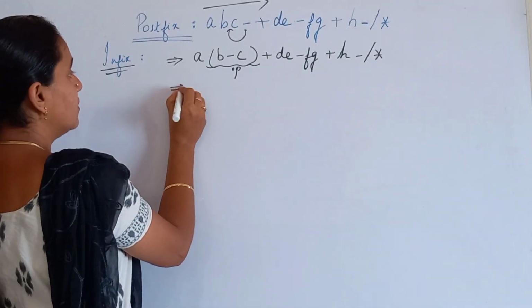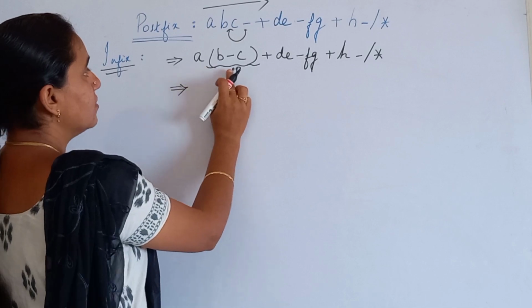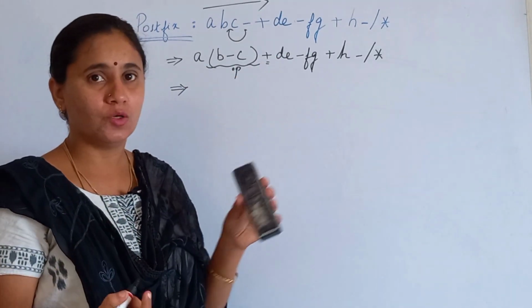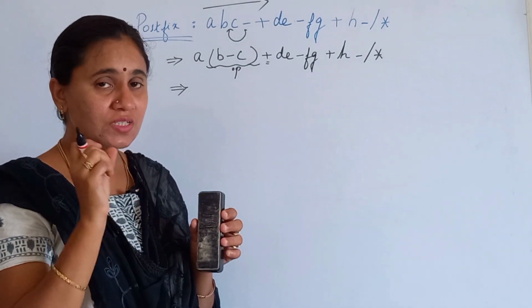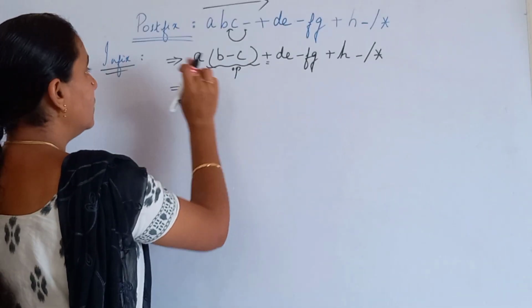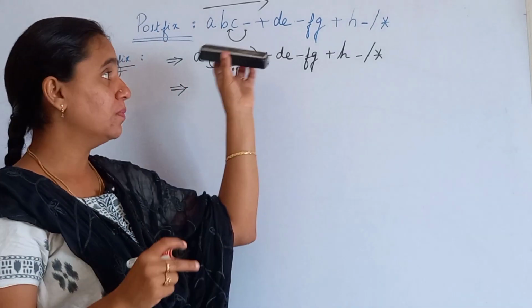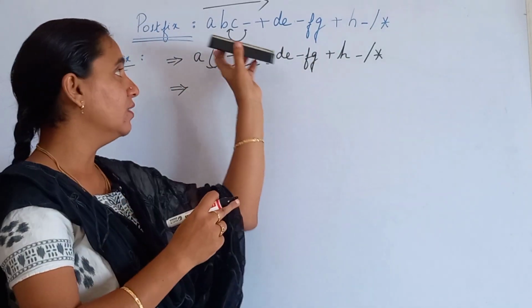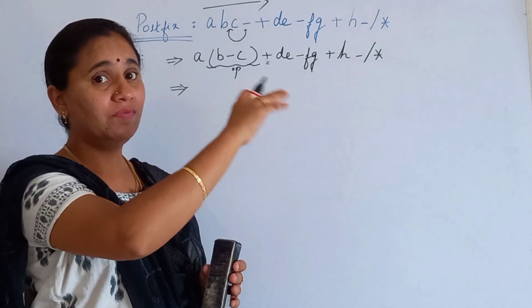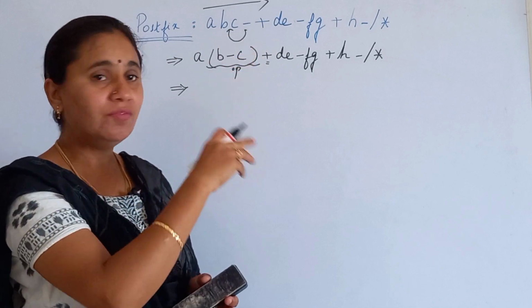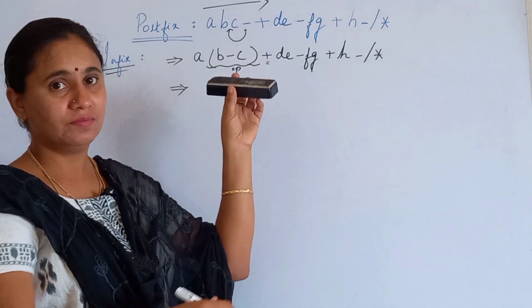Again you start searching. Once you start searching, this plus is your next operator which we have seen now. In postfix to infix, searching is from left and shifting is towards right, whereas from prefix to infix it is the opposite.